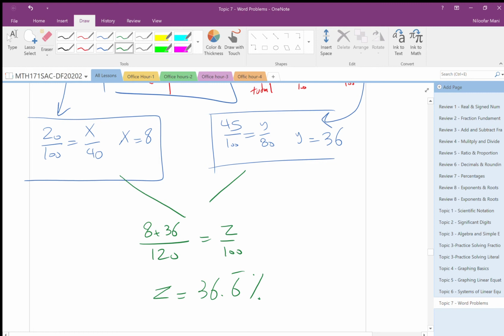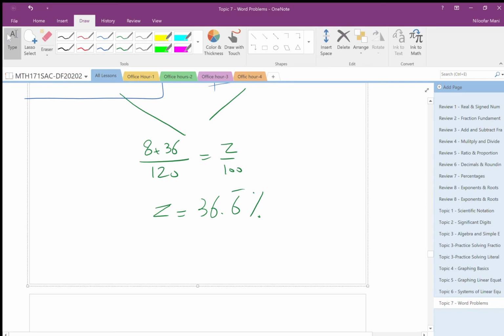So you can write 36.6 repeating is the percentage of red marbles in the final box.